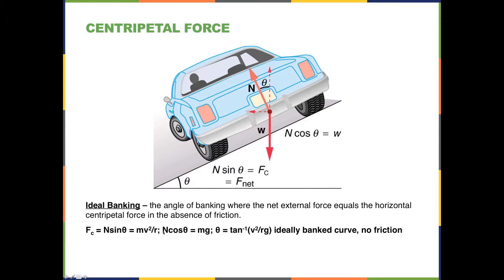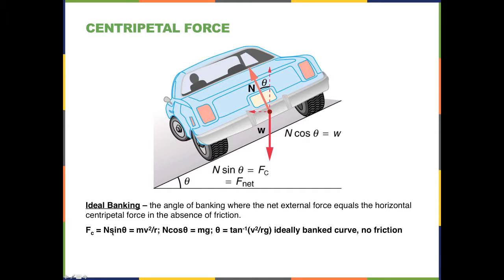So here's a calculation. We know that n sine theta is the parallel force due to the weight of the car, and it has to be equal to the centripetal force, which is calculated here, mv squared over r. We also know that the weight of the car is mg.